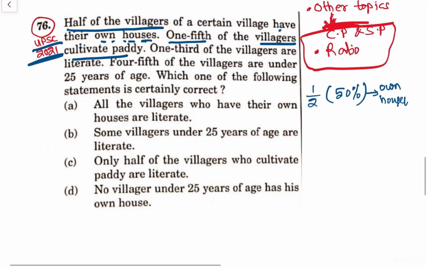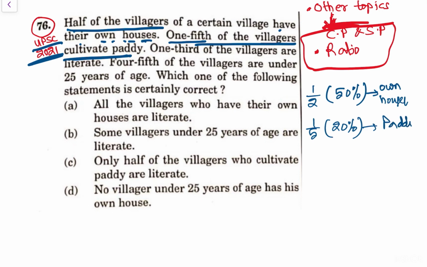Then again 1/5 of the villagers cultivate paddy. 1/5 कितना है? 1/5 is 20%, 100 by 5, right? So 20% cultivate paddy. ठीक है. 1/3 of the villagers are literate. 1/3 is कितना? 33.33% are literate.